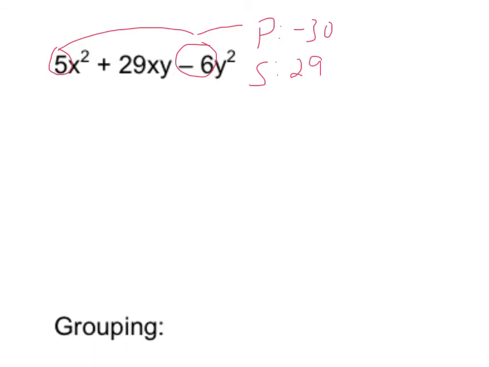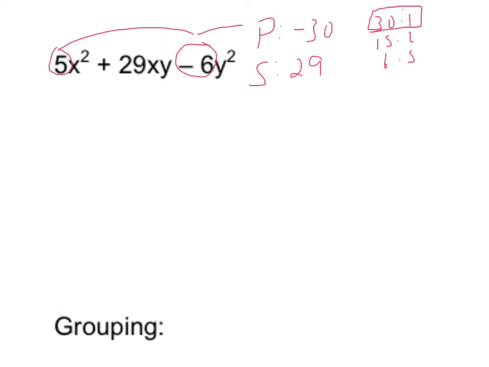Now the product is negative, which means when I look at our factors, to get a negative answer, we have to have a difference of 29. And the two factors that have a difference of 29 is 30 and 1. We want a positive 29, so I'm going to make the 1 negative.